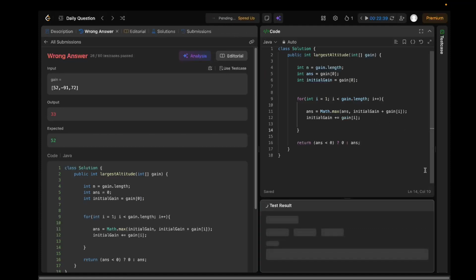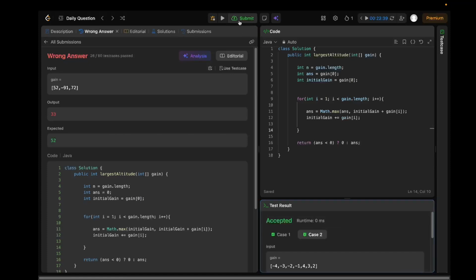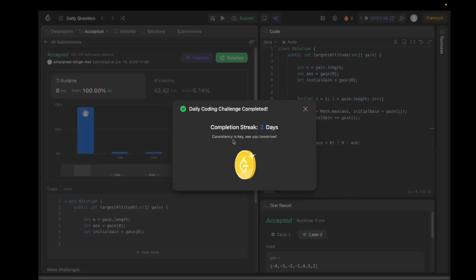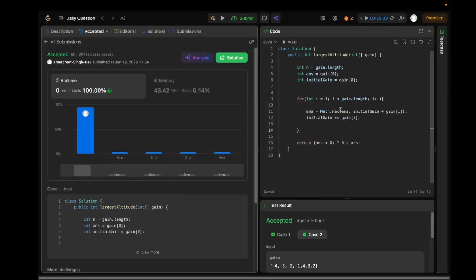Let's try this. What if I try to submit it now? Okay, it passed all the tests. Yeah, so we were modifying our answer. Initial gain was here, and we were also modifying it in both these variables. So that was wrong. But we got it correct, and it's fast.